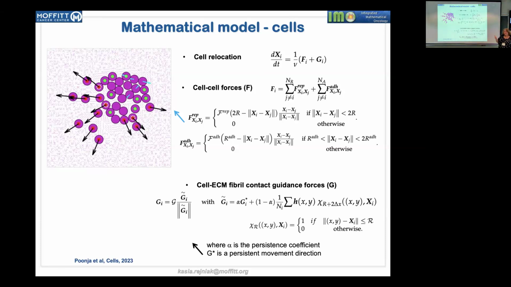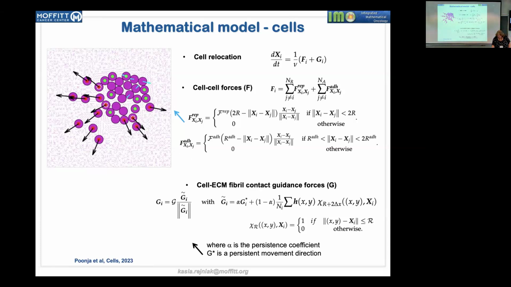When the cells are moving, they see different orientations of the fibers, and depending on how we define the parameters, we could decide whether the cells will follow the ECM orientation, or if they will have some persistent migration direction and just go the way that we assign them, or biology assigns them. That depends on this alpha parameter.